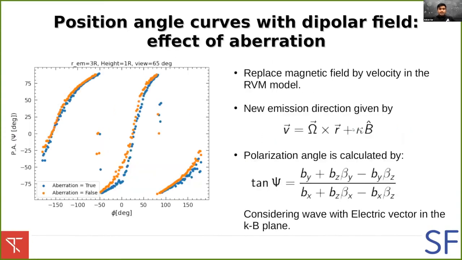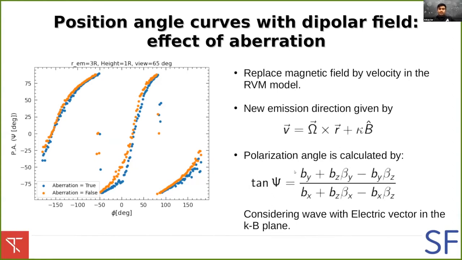However, as this pulsar is surrounded by a plasma, and this plasma is co-rotating, we are interested in the effect of aberration because it's also rotating faster. So the new emission direction is not only given by the magnetic field, but it's given by this velocity, where an additional term of omega cross r enters.